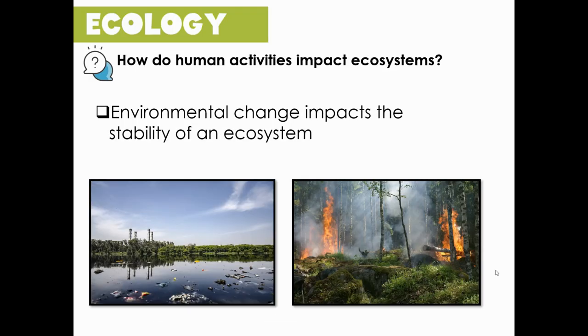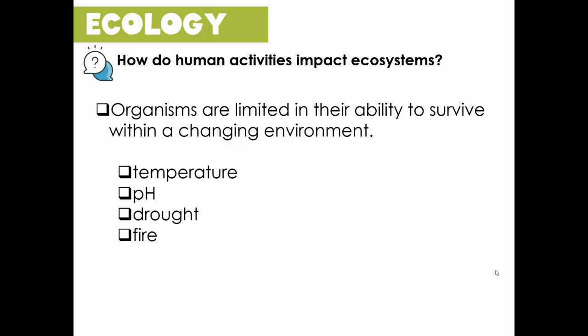Another question that we need to be able to answer is, how do human activities impact ecosystems? So humans do quite a number on ecosystems, you can see from this picture. And all environmental change impacts the stability of the ecosystem. Organisms are limited in their ability to survive within a changing environment. Sometimes they don't.